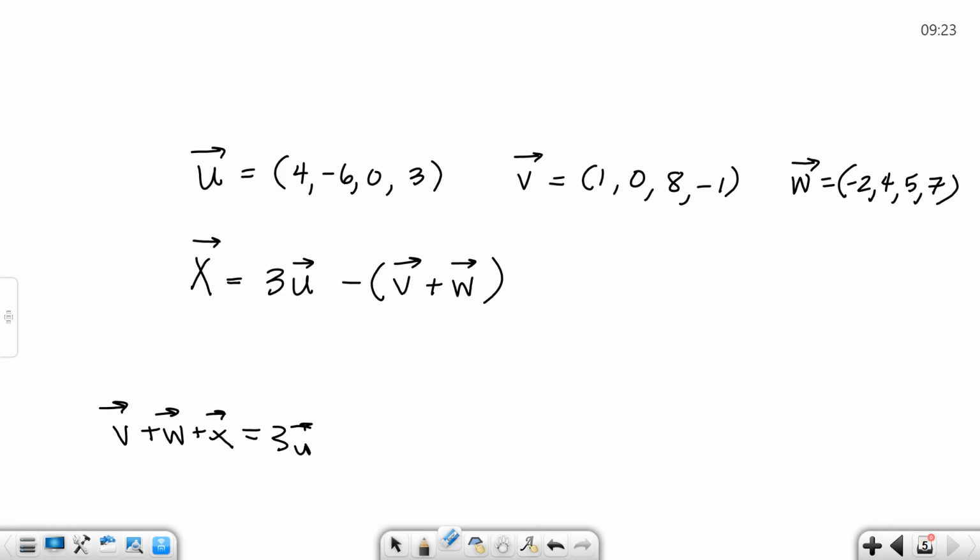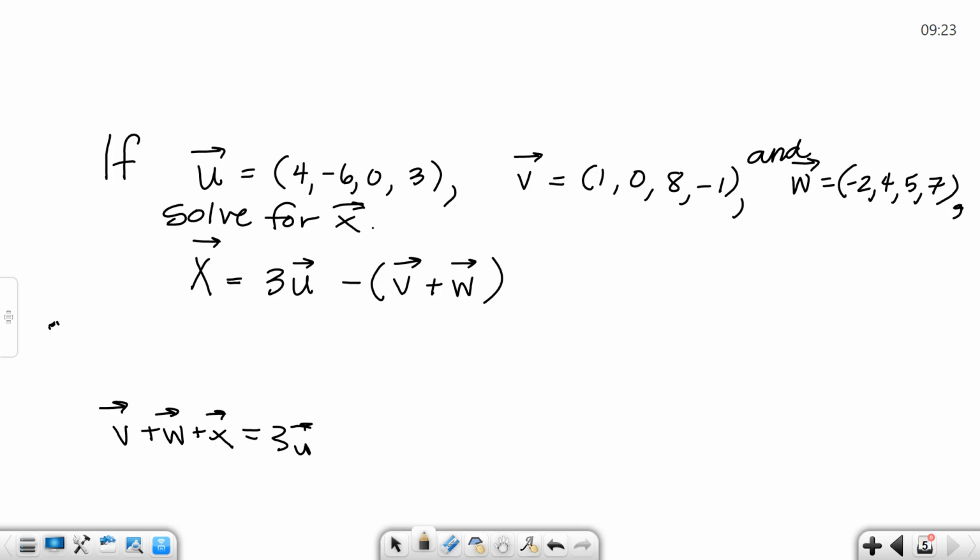This one had words. It says, if u, v, and w, solve for x. Okay, that's what it actually said.